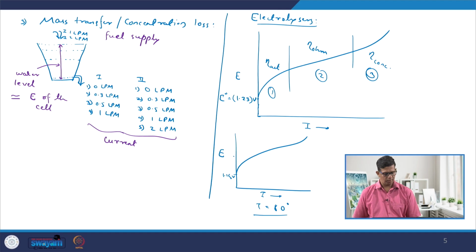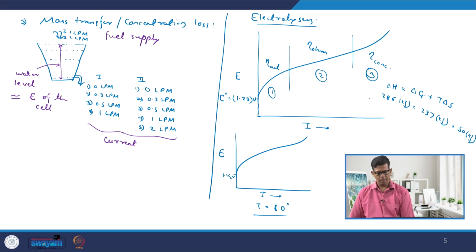Let me just underline this energy equation one more time. We have the enthalpy, which is equal to the Gibbs free energy plus the entropy term. In case of electrolysis, this is 286 kilojoules, this is roughly 237 kilojoules, and this is roughly 50 kilojoules.